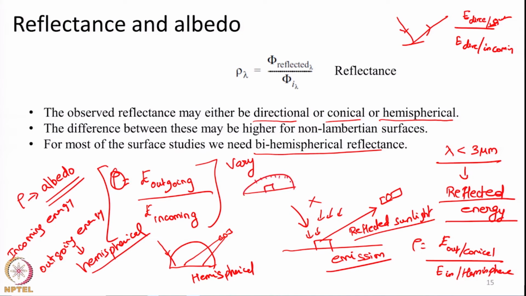I already told you that direct hemispherical measurements are not possible from satellites. We need to do some model-based conversions to convert our directional measurement from a cone to a hemispherical measurement. So, what is reflectance? Reflectance is the ratio of outgoing energy to incoming energy, but it can have a directional component, like the sensor might have looked from many different directions over a conical solid angle and we would have got a reflectance.